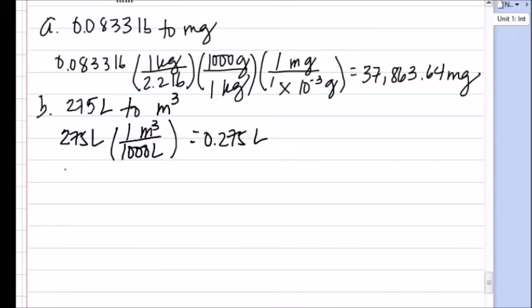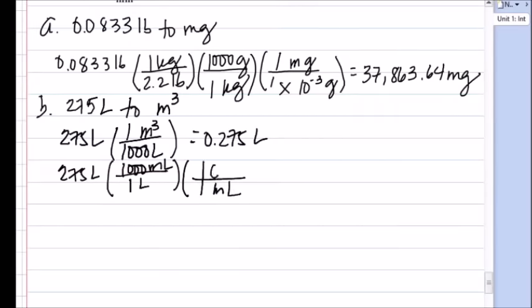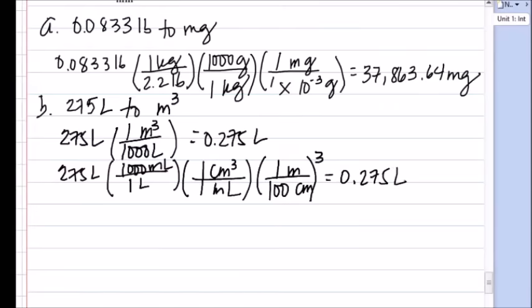Or pwede naman, gusto mo nang medyo mas mahaba, pwede naman natin gawing, let's say, 1,000 milliliter kada 1 liter. Tapos, yung 1 ml, pwede natin siyang gawing 1 cubic centimeter o yung 1 cc, di ba? Tapos, gamit yung conversion factor ng 100 centimeter kada meter na naka-cube lang, so makuha pa rin natin the same 0.275. So, ayan po.